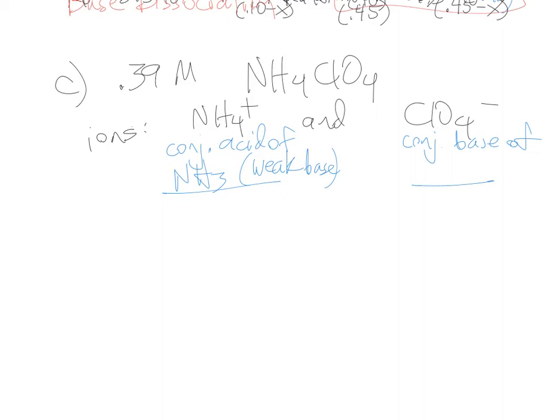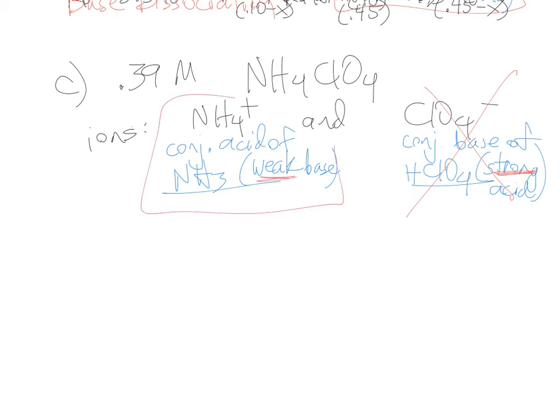For the perchlorate ion, ClO4, we're saying it's the conjugate base of something. Mentally, I'm adding an H to get perchloric acid, which, of course, is one of your 7 strong acids. The ion that came from a strong species is not important in determining pH. This ion that came from a weak species is important.